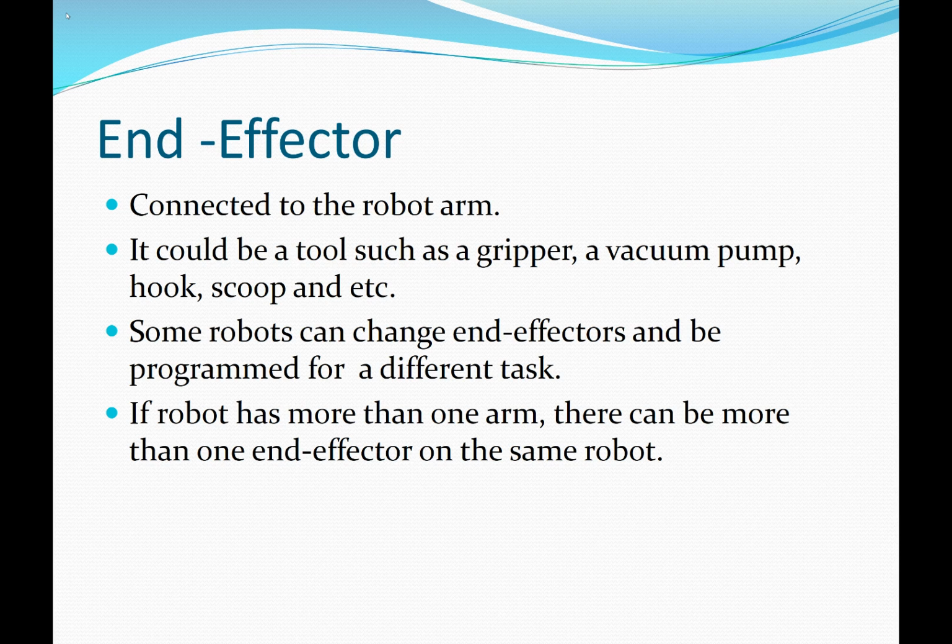But again, if it has more than one arm, and this last one is kind of an interesting comment here, they talk about the fact that a robot could have multiple arms. You could have the same robot with the same controller with two arms, one to pick up the tire and another one to screw the 4 lug bolts on.